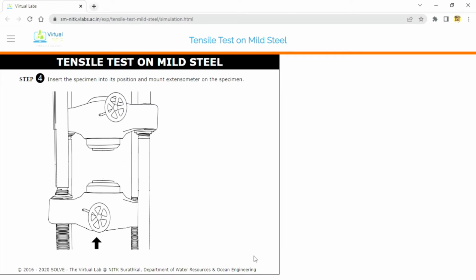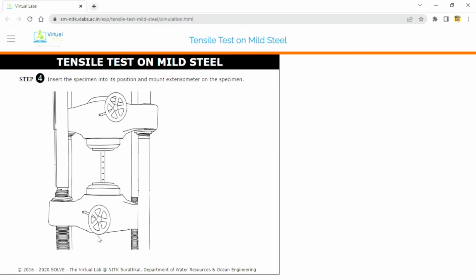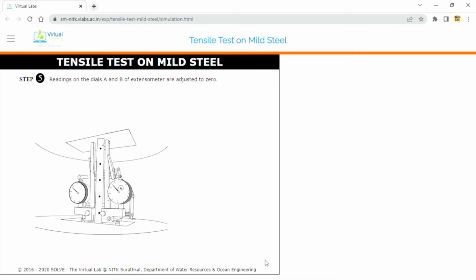Step 4. Insert the specimen into its position and mount the extensometer on the specimen. Step 5. Readings on the dials A and B of the extensometer are adjusted to 0.